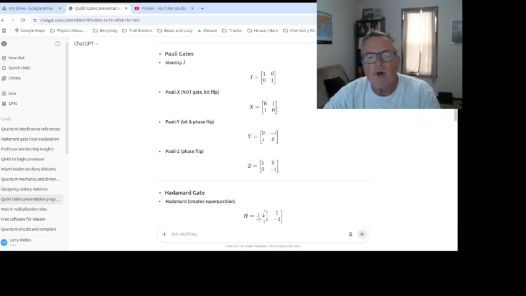So a 1, 0 becomes a 0, 1. In the same way, if we have a 0, 1 here, the top spot, 0, 1 times 0, 1, that gives us a 1 in the top spot and a 0 in the bottom spot. So this flips the bit.